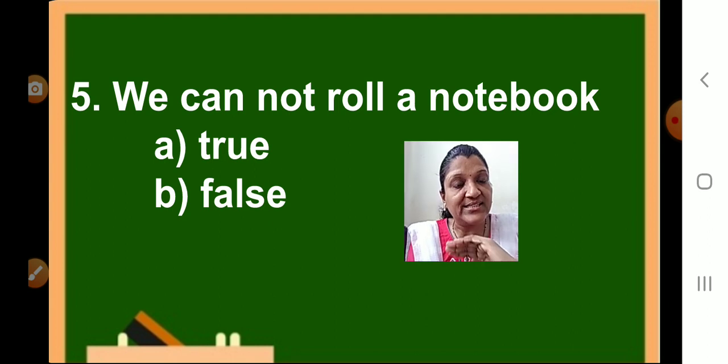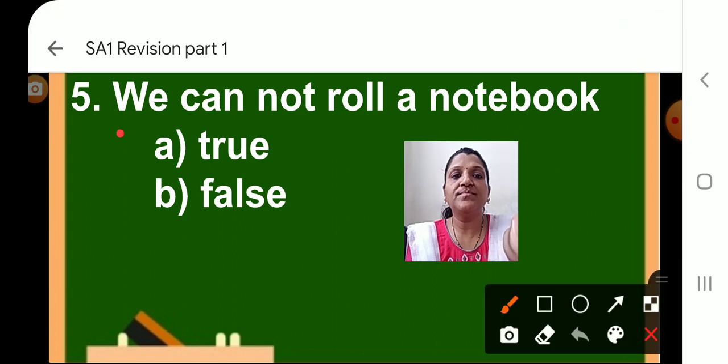Flat objects can slide on flat surface. So how is notebook? Is it round or flat? It is flat. So can we roll notebook? No, we cannot roll a notebook. So the given statement is correct. So here we have to select the correct answer, which is true. A, true.